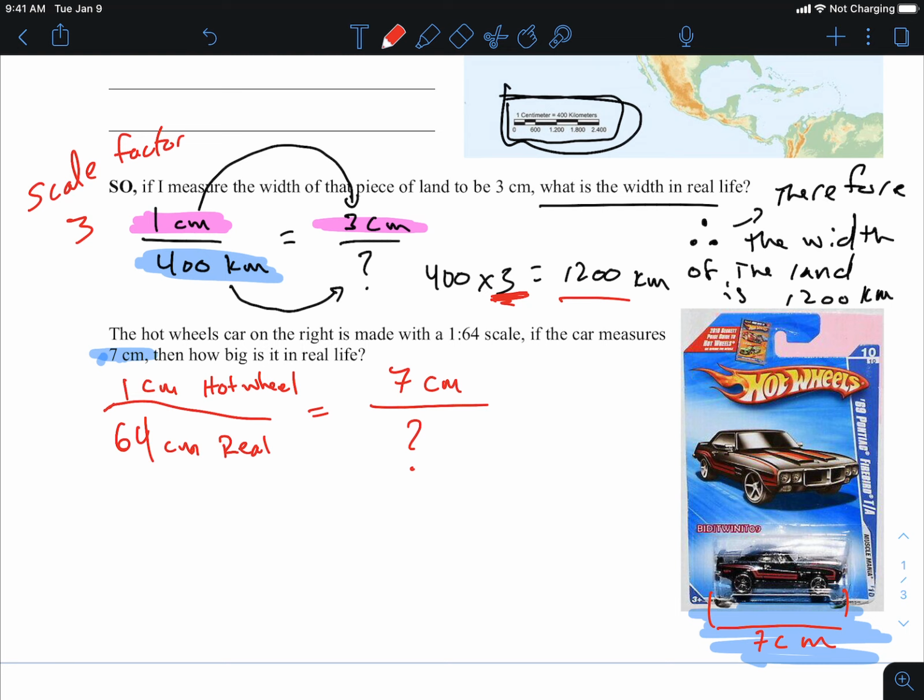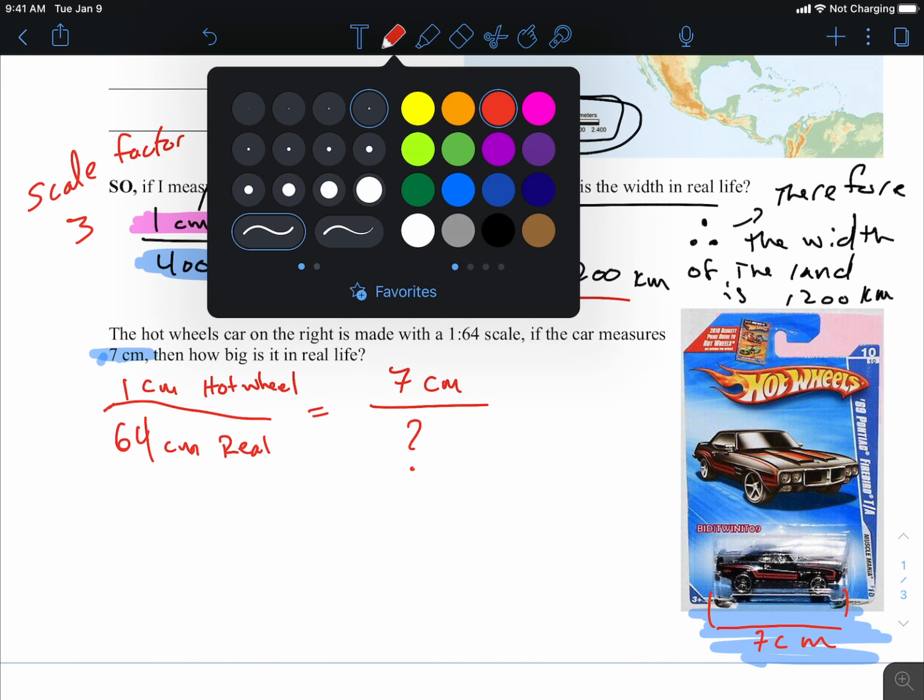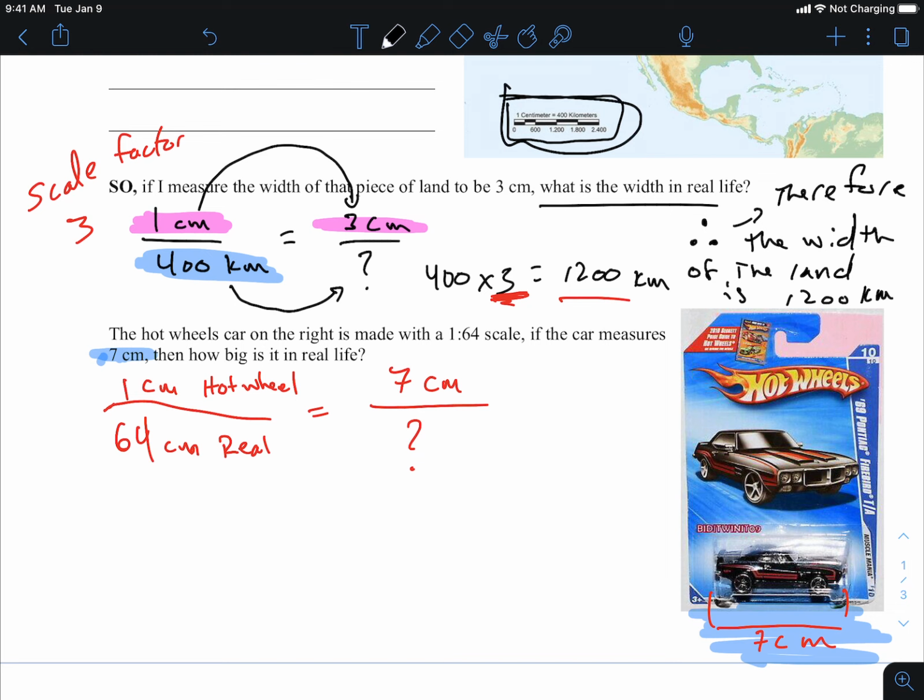Okay. What do we have to do? What's my scale factor? 64? Not quite. No, scale factor you're always relating. Nope, that's just the units. Oh yeah. Scale factor is what to what? What do I have to do to 1 to get 7? Multiply by 7, right?